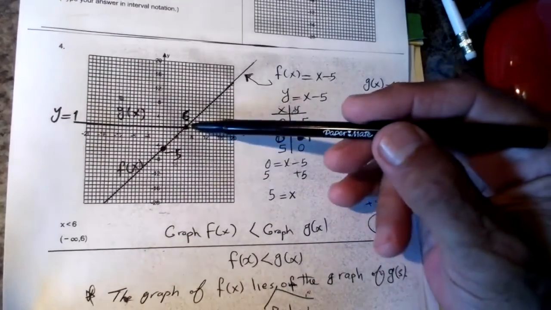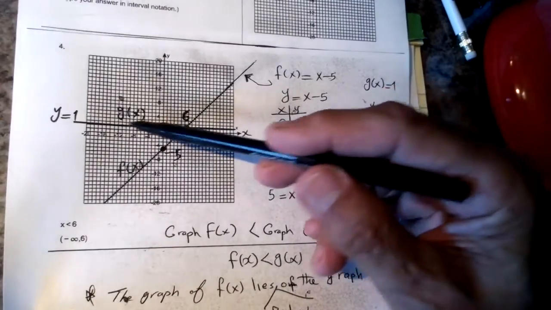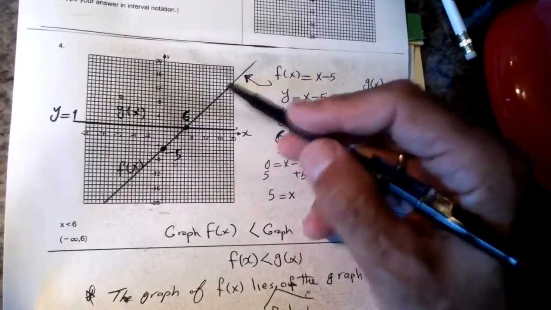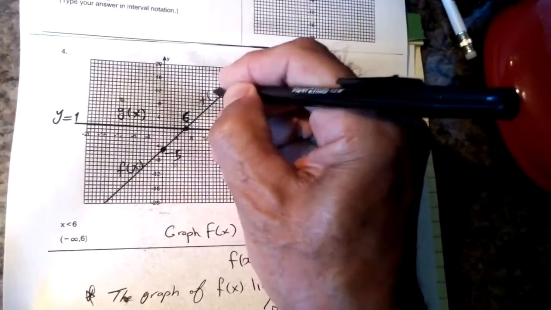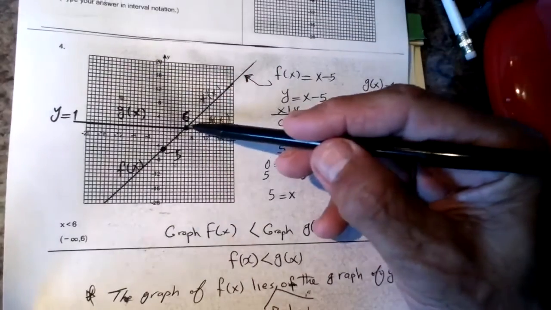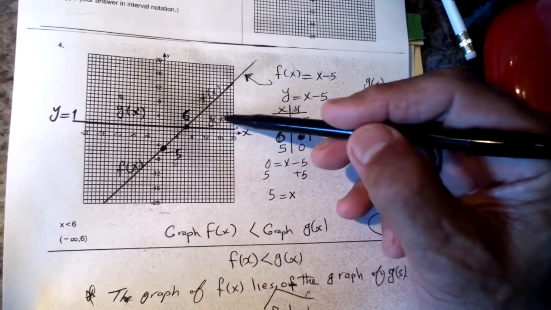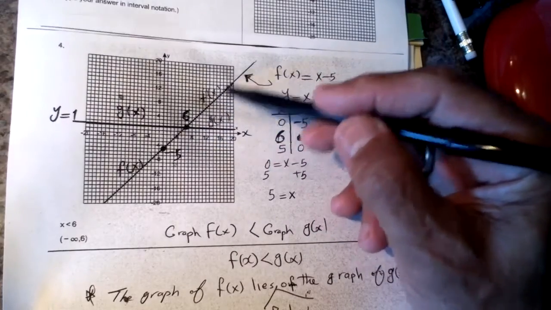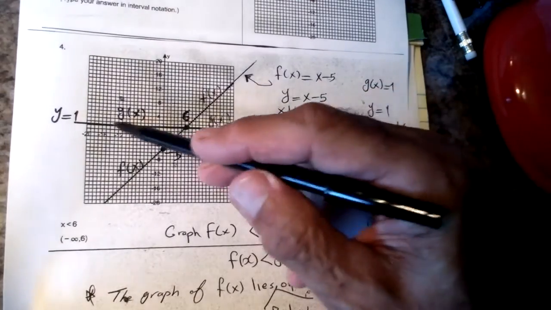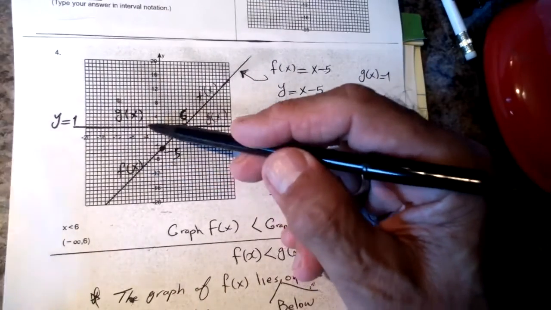On this side, when you go greater than 6, like 7, 8, or 9, f of x, this line, is above g of x. But when you go less than 6, in this direction, g of x is greater than f of x, or f of x is less than g of x.